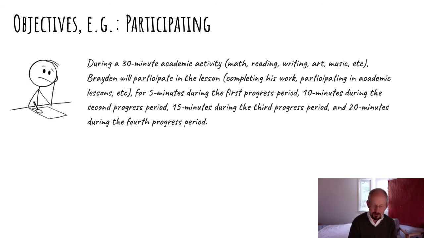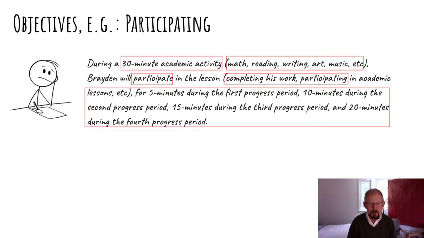Okay, a lot going on here. The pieces I want to flag, so that we can think about ways in which we could revise this, are: we've got a 30-minute academic activity. It entails these kinds of activities. We've got a term here called participation, which is in some ways defined here as completing his work and participating.